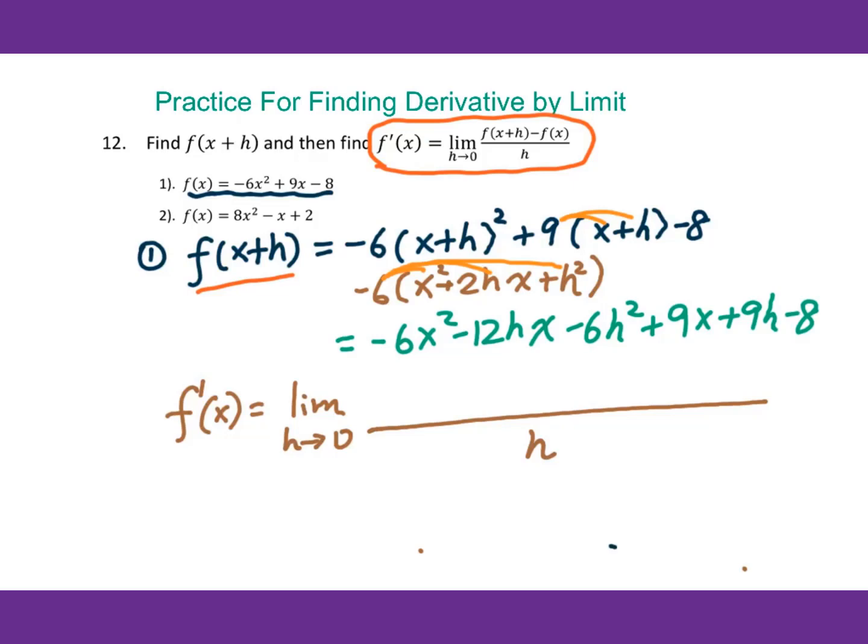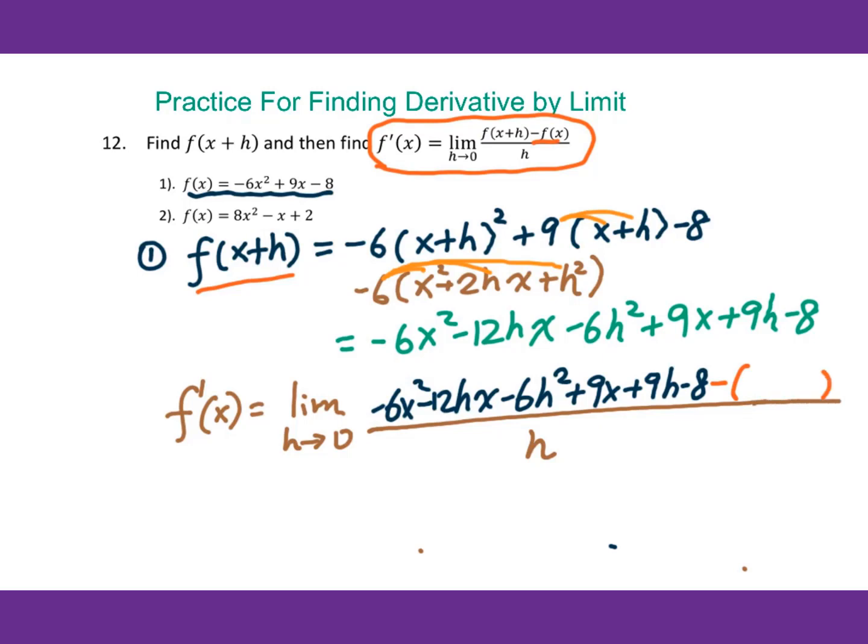Therefore, I just drop down negative 6x squared minus 12hx minus 6h squared plus 9x plus 9h minus 8. Then we got minus f of x. Remember, for this part, you have to do parentheses.